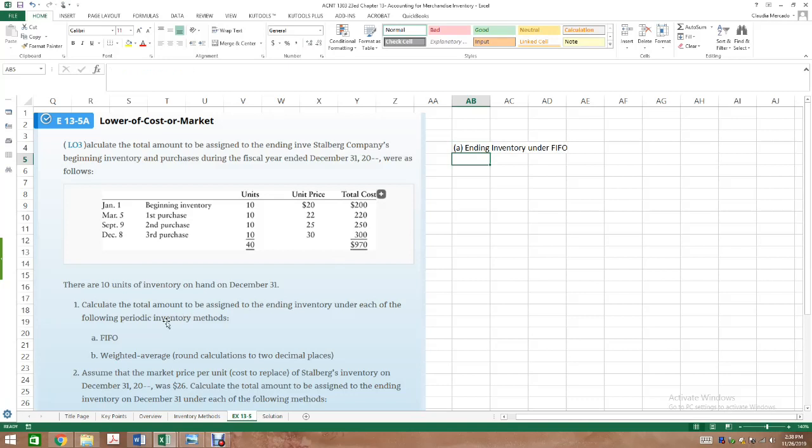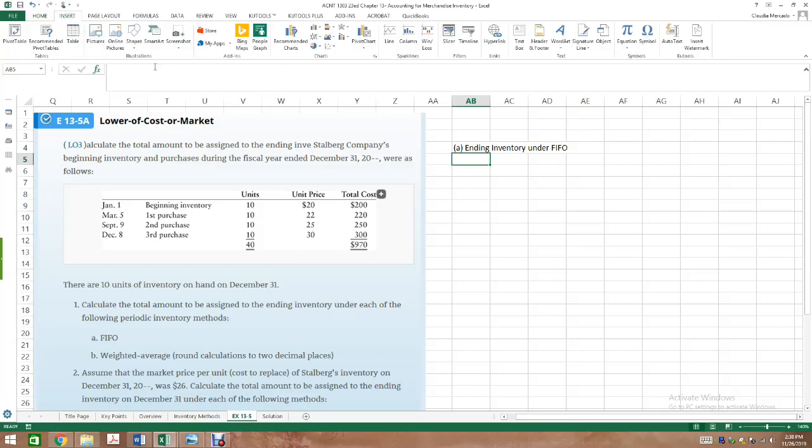FIFO. First in, first out. So what does that mean? The first ones in are the first ones out. That means that I'm going to be selling my oldest merchandise. I sell my oldest, I keep my newest. So, if you're selling your oldest and keeping your newest, and it says here that you have 10 units of inventory on hand, then which units are you going to keep?